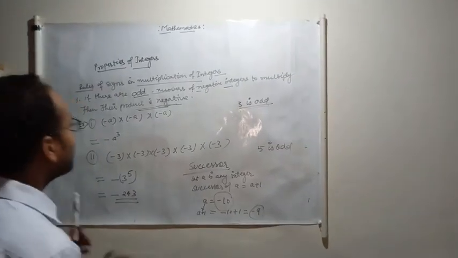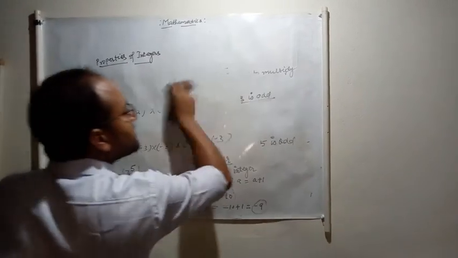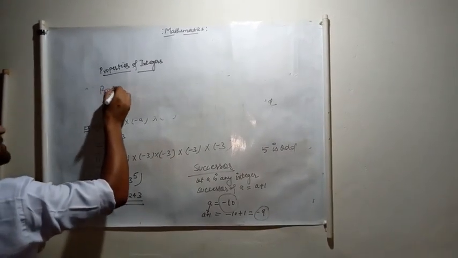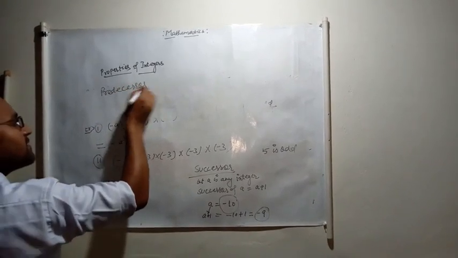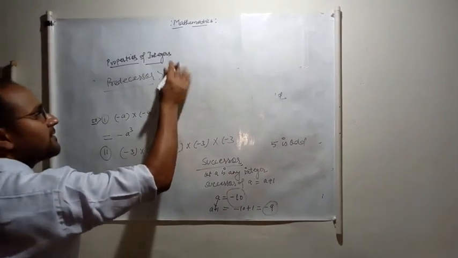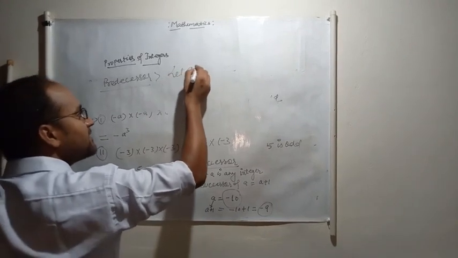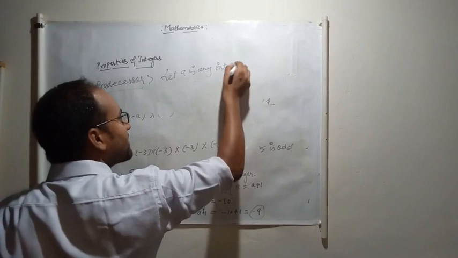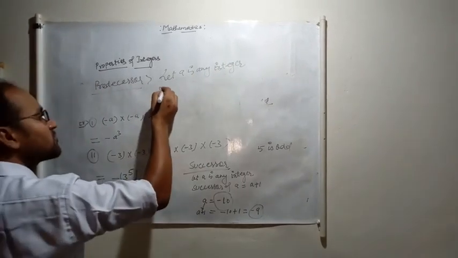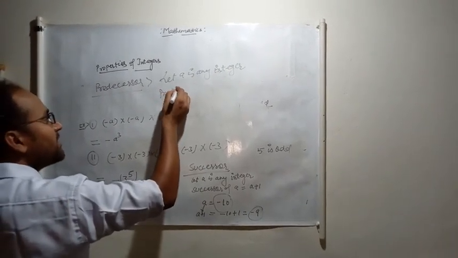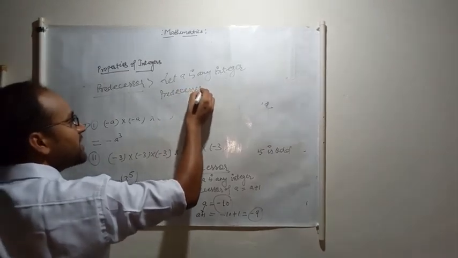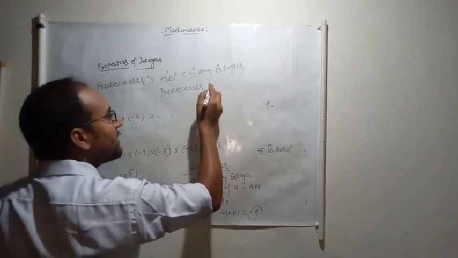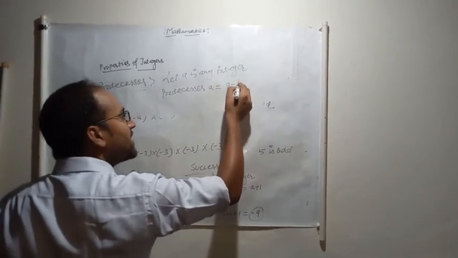One more point is the predecessor. Predecessor is also very easy. Same as before, let A be any integer, and if you subtract 1 from it, then you get the predecessor. So the predecessor of A is equal to A minus 1.